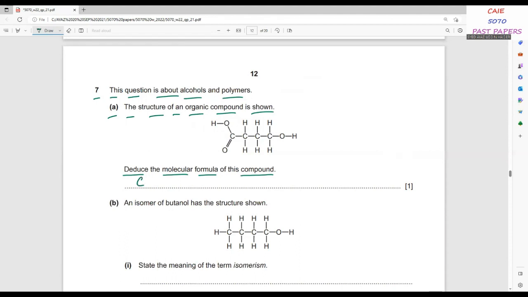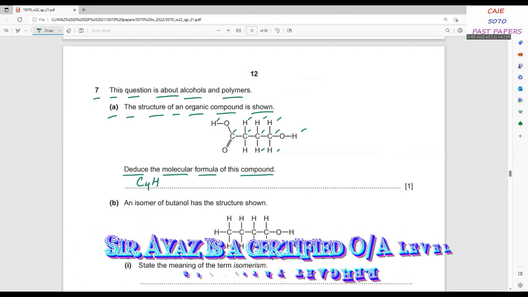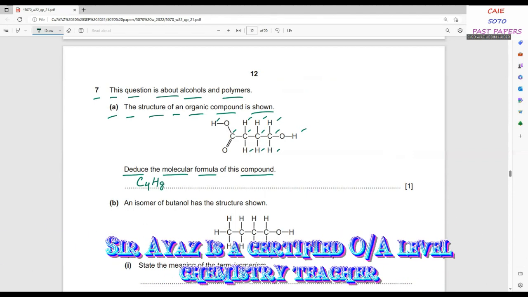We'll start with carbon, 1, 2, 3, 4, so you write C4. Now start counting hydrogen, 1, 2, 3, 4, 5, 6, 7, 8. Oxygen atoms, 1, 2. So this will be the molecular formula of this compound, C4H8O2.